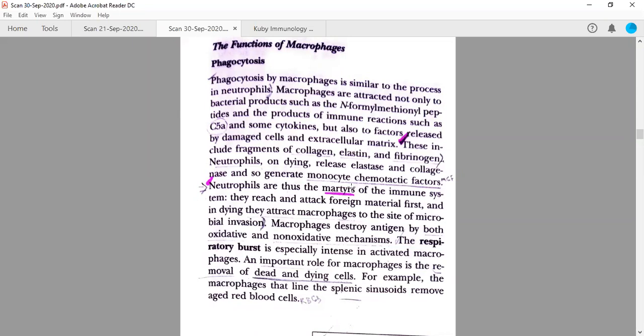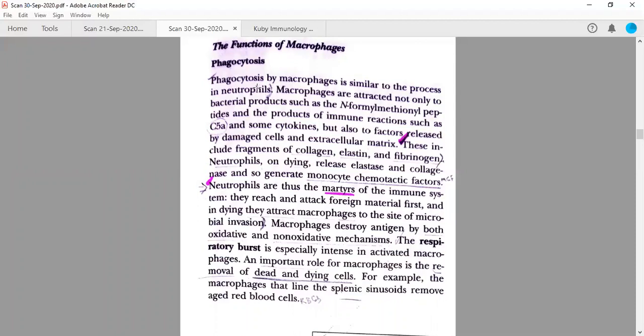Neutrophils are important because neutrophils are the first cell types in the blood which will reach the site of infection. All right. Then they will activate the immune system, not directly. So let's read this particular theory so that you can understand what is written here.